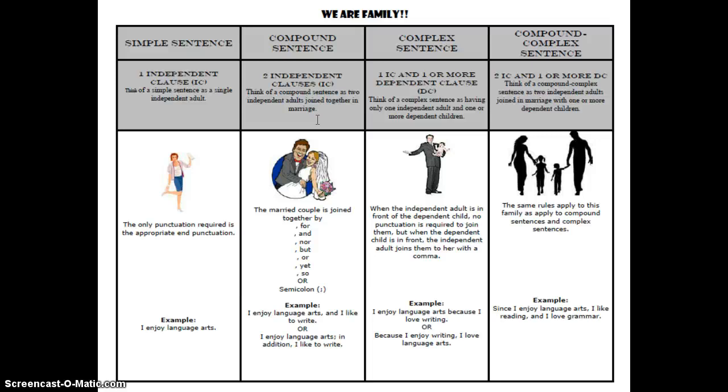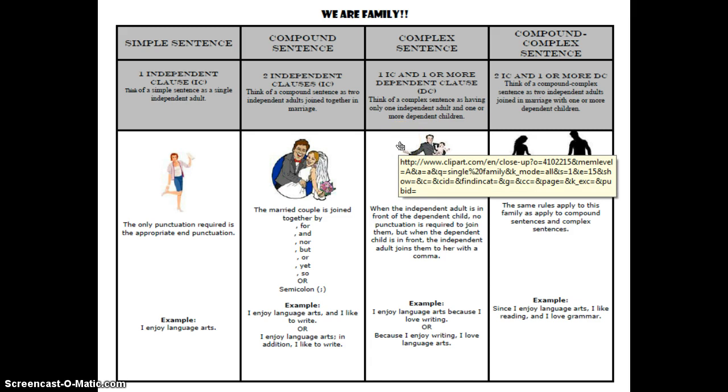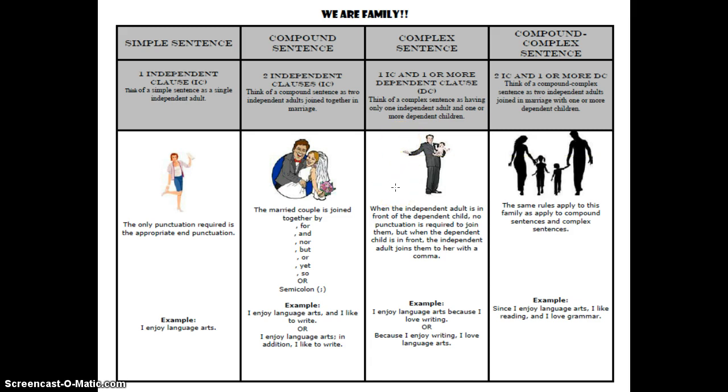So that's compound. So simple is when she was living the good life in New York City by herself. Compound is when she got married to someone else who was independent. Two independent clauses.